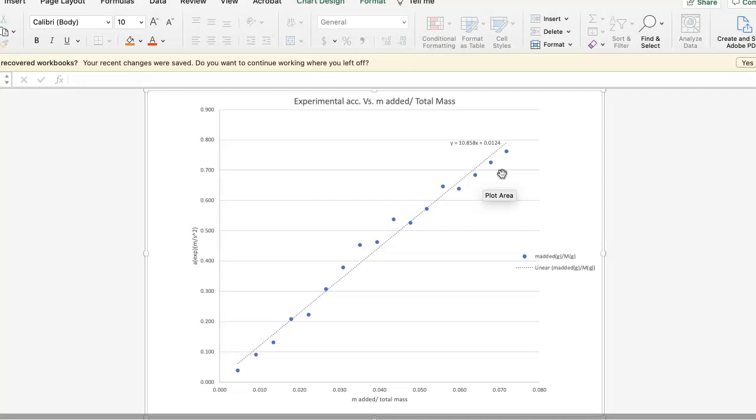You are going to use that formula to calculate g, which is the acceleration due to gravity, and finally you will have the percent difference also calculated. Of course, you're going to list your results under the results section, and that's it for this lab.